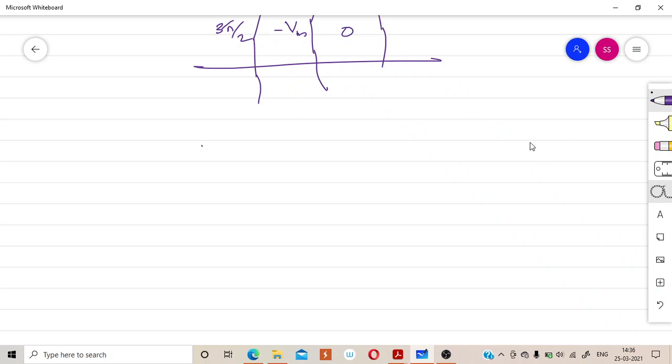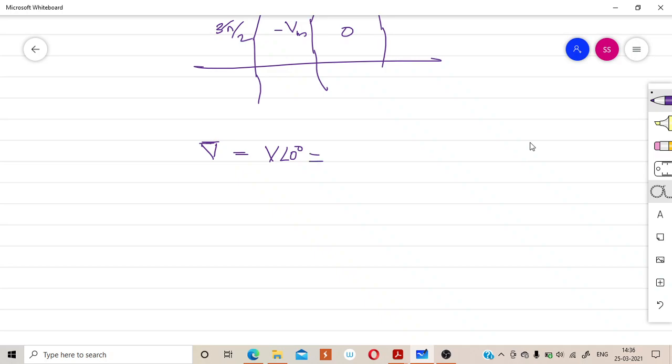So the voltage phasor V is equal to V at an angle 0 degree, where V is our RMS value of the voltage, and this is in polar form.